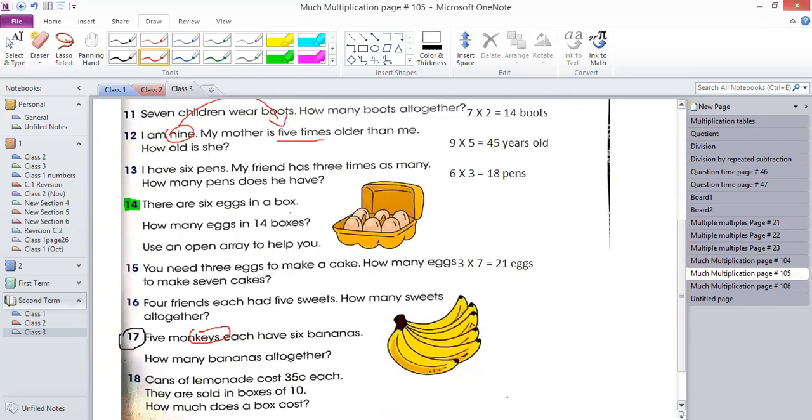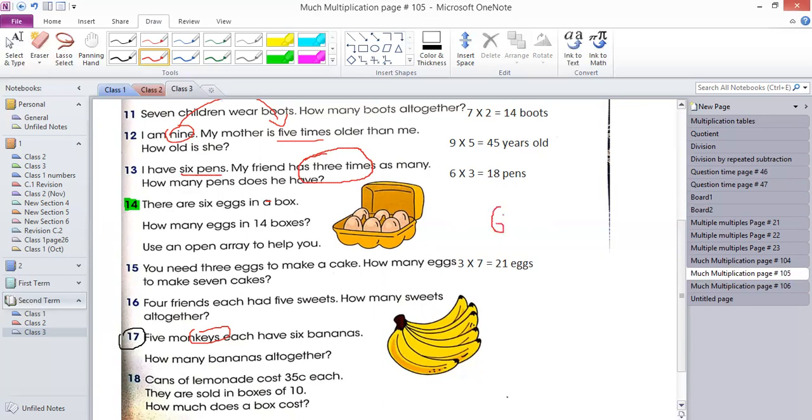Question number 13. I have 6 pens. My friend has 3 times as many. How many pens does he have? This is also a very easy question, guys. I have 6 pens, and my friend has 3 times as many pens as I have.